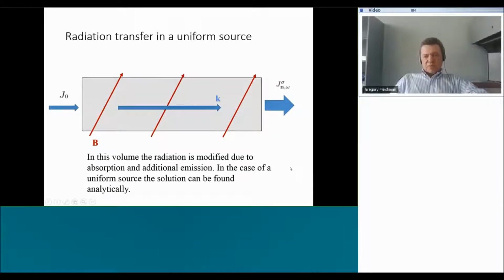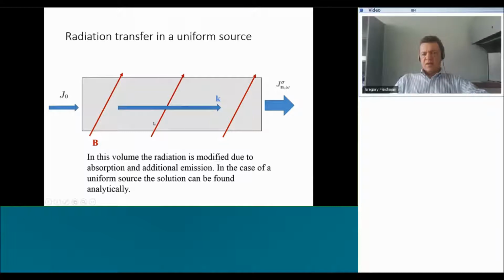Now we start from the simplest case, when we have a single uniform volume. I showed the magnetic field vector by these red arrows, and I just show that directions and sizes of these arrows are the same everywhere, as well as other parameters in the volume. So we consider this volume to be uniform, so nothing depends on location.